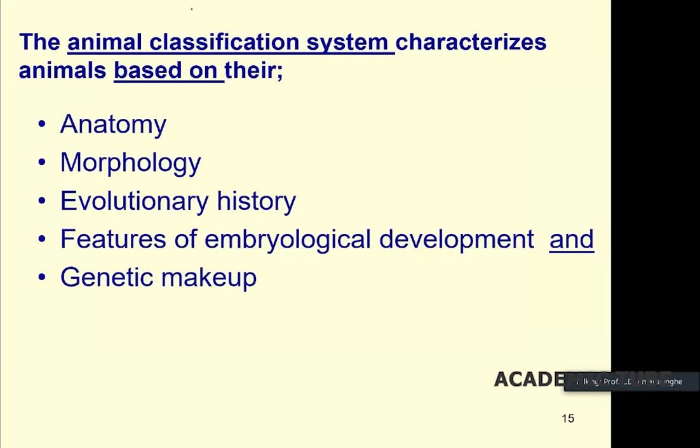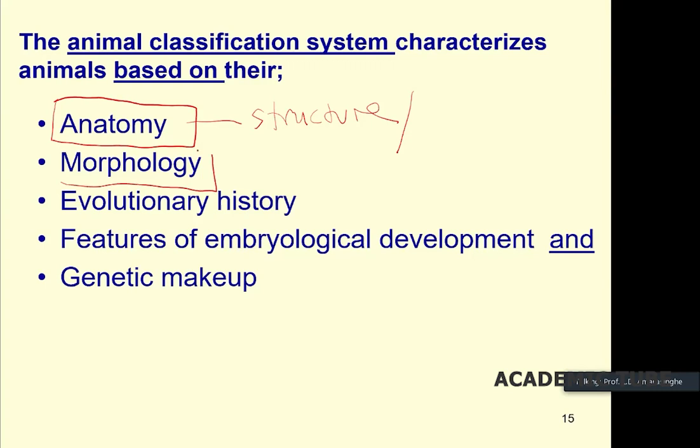This classification of organisms was basically done with their anatomical features, meaning their structural features, and the physiology, internal structures. Then the classification is also based on morphology, the morphological features.